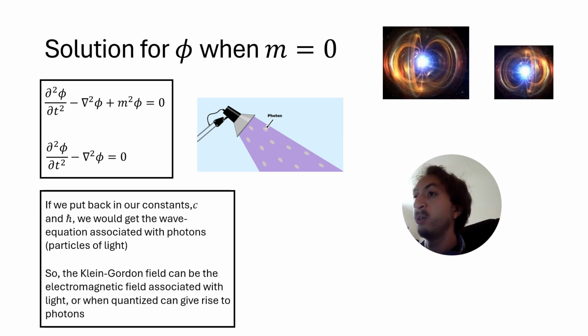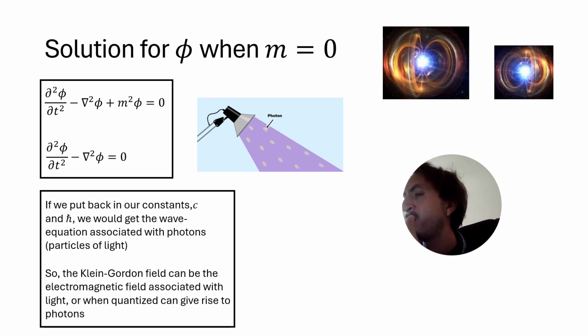So in other words, the Klein Gordon equation can describe, if you like, the electromagnetic field associated with photons, so particles of light. So this field isn't seemingly describing, at least when we look at m equals 0, particles like electrons or protons or neutrons, but it is describing particles, albeit a particle which is carrying a force.